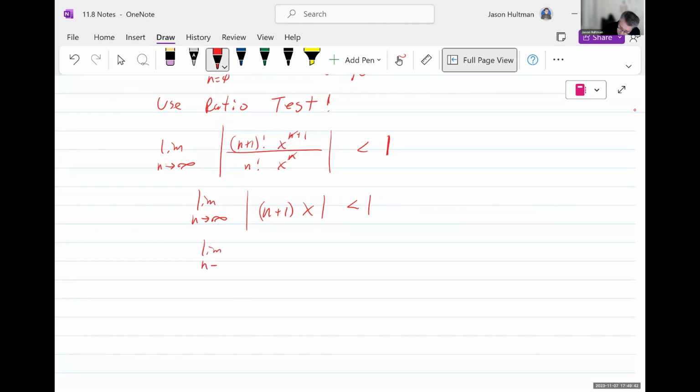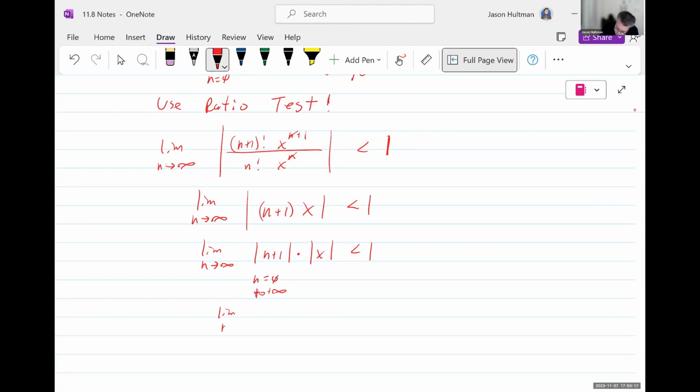The limit as n goes to infinity of the absolute value of n plus 1 times the absolute value of x is less than 1. I don't need the absolute value of n plus 1 because we're starting at 0 and going to positive infinity, so we can remove the absolute value bars.